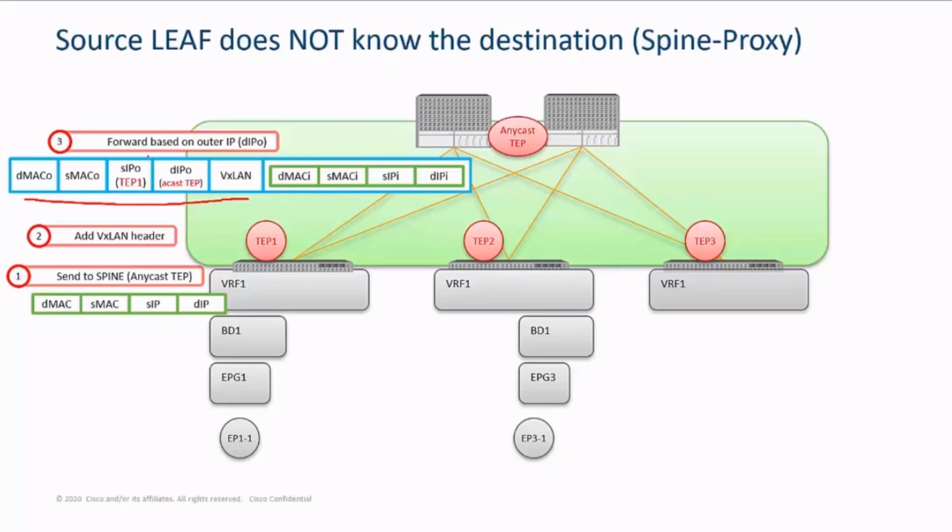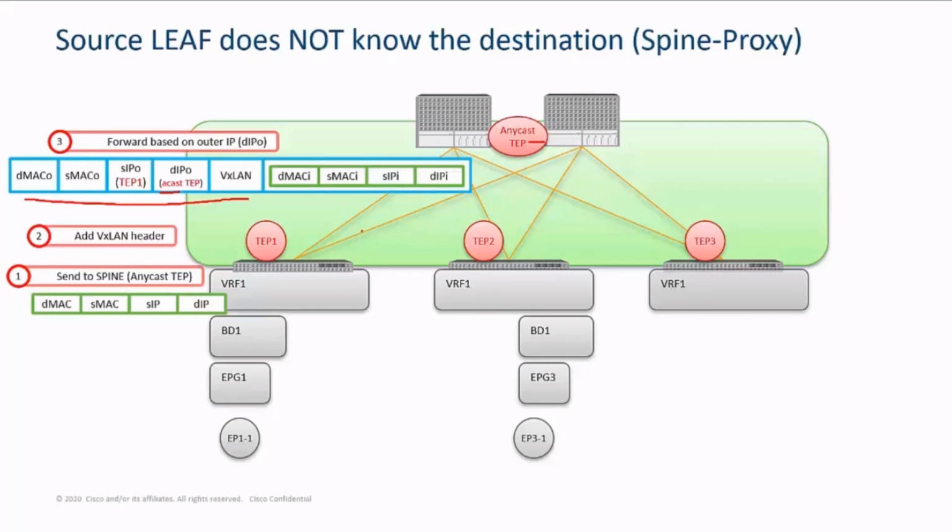What you can see here is the Anycast TEP IP is different. That's something that's different that we haven't seen before. The Anycast TEP IP, what it is it's a multicast IP address that's shared across all spines. So all spines are listening on this Anycast TEP IP address.